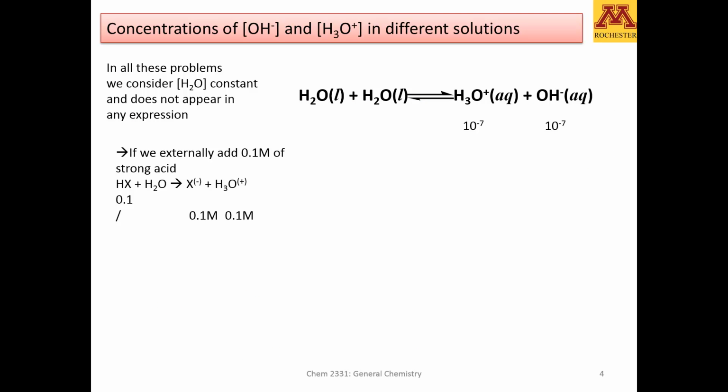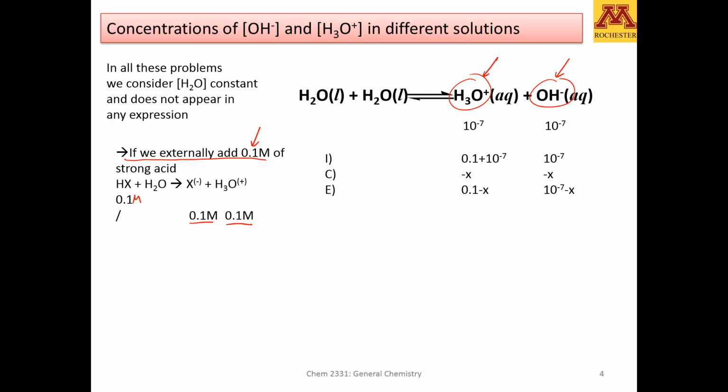What happens to the concentration of hydronium and hydroxide if we externally add, for example, 0.1 molar of a strong acid? If it's a strong acid, when you add 0.1 molar, you're actually adding 0.1 molar of the conjugate base and 0.1 molar of the hydronium ion. So let's build the ice table. The objective is to figure out the concentrations of hydroxide and hydronium when we have added 0.1 molar of a strong acid.